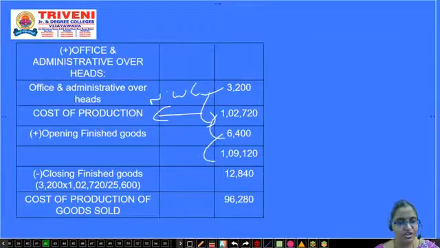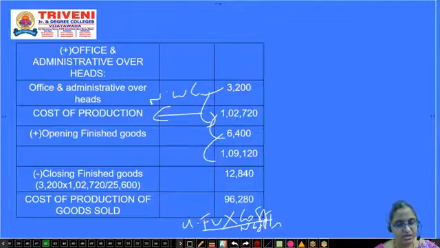The closing finished goods amount was not given, but the closing finished goods units were given. It was 3,200. Now, it is calculated with the help of the formula: closing finished goods units into cost of production divided by number of units produced. So the closing finished goods units were given in the sum, but the amount was not given.